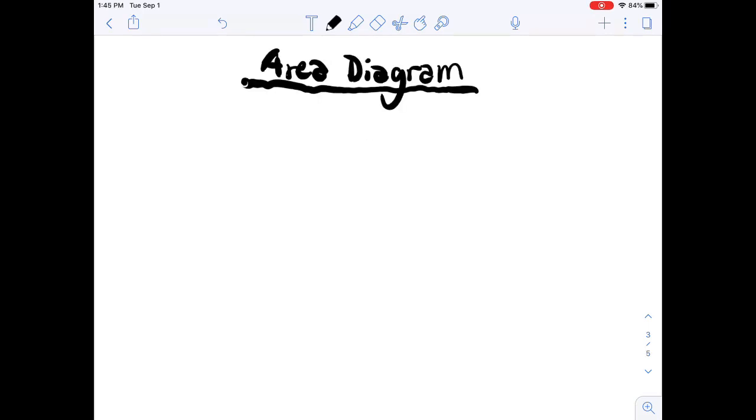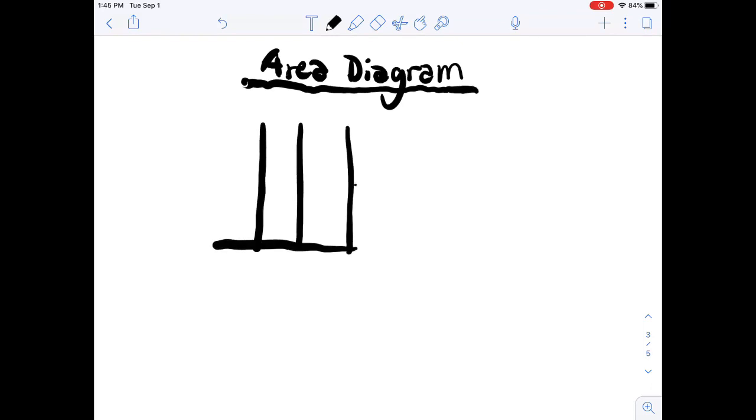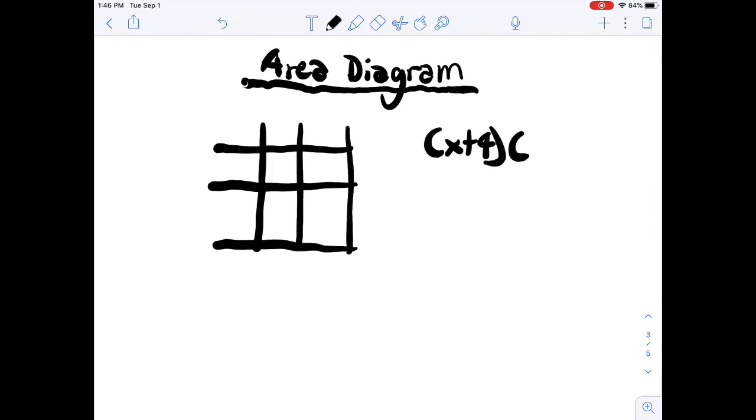The next method I'm going to show you is the area diagram, and it looks like this. And let's say we need to solve x plus 4 times x minus 5.